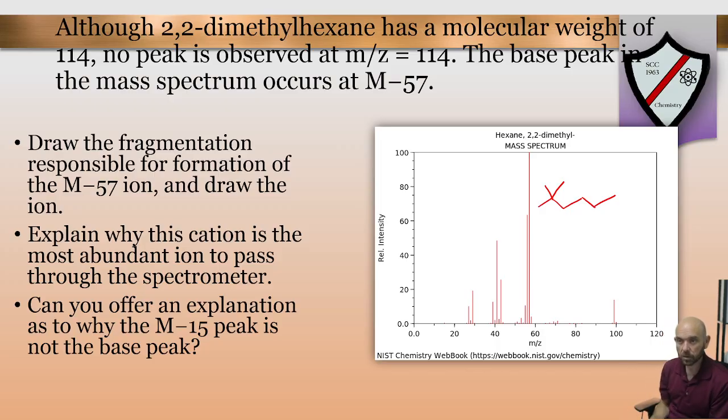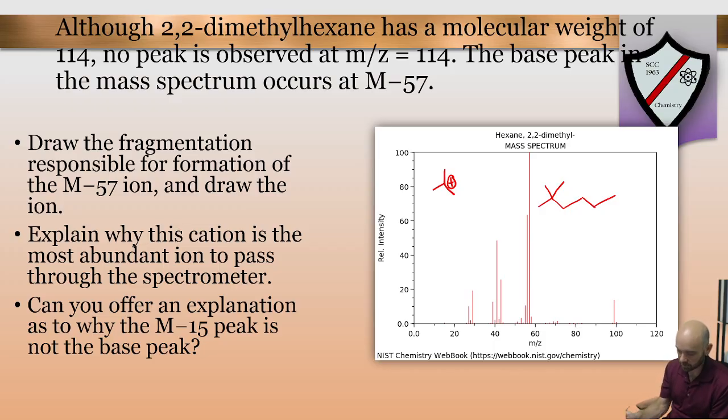And so I'm going to assume that the carbocation that is formed looks something like that, with 4 carbons and 9 hydrogens. That would have a weight of 57 itself.